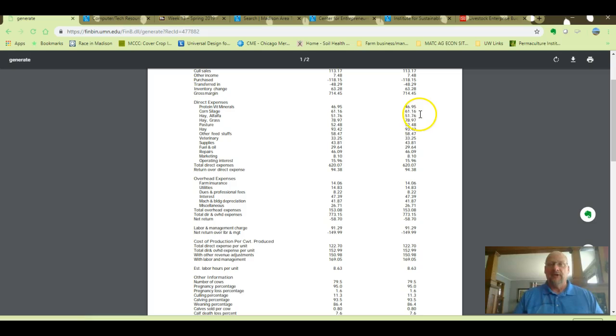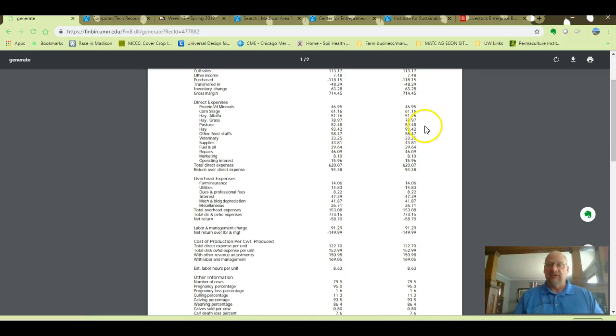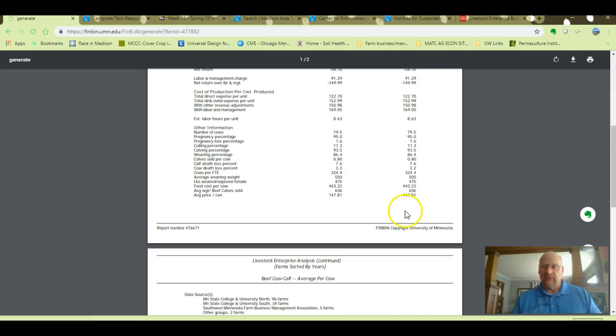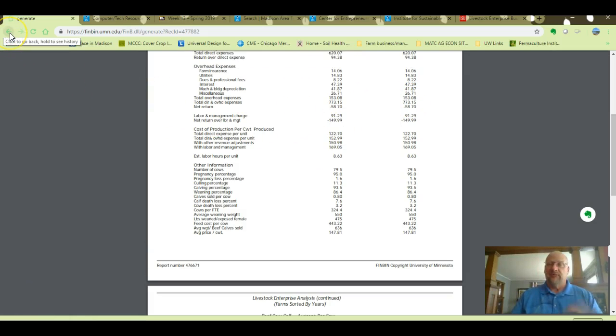Now these are for the conventional beef operations. They didn't have enough in the grazing. There are some grazing ones in there too. You do have to select several years to get more grazing ones, but that gives some idea of what is averaged across the farms that are inputted into this FinBin database.